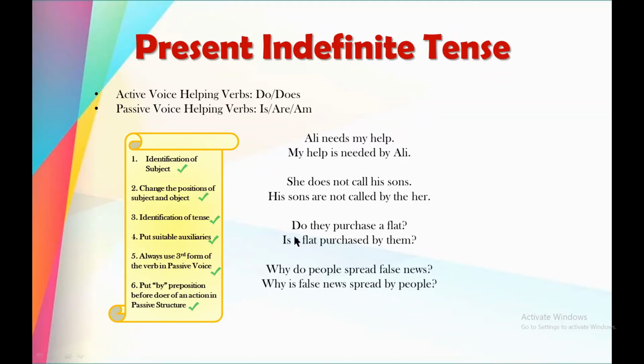When we change it into passive structure, "is" would remain the first word as "do" in the active structure. So we should not use "is" in between the sentence. "A flat is purchased by them" would make it an interrogative sentence. We have to change it into an interrogative sentence and then passive voice. So this is what we need to do.